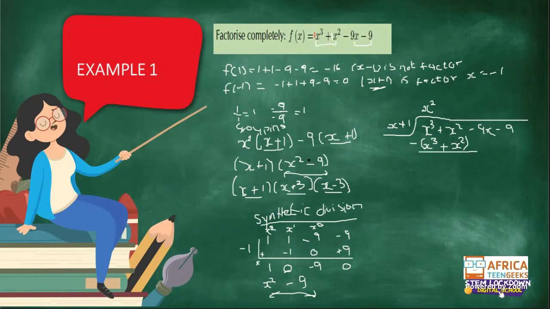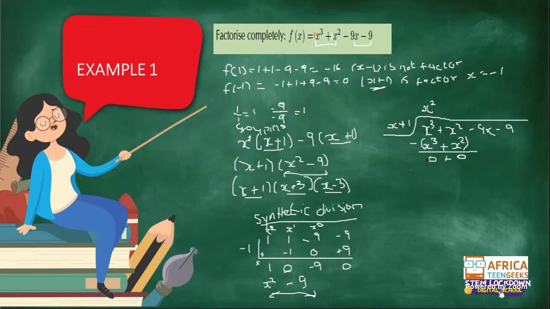Then you put a negative sign, just to remind you. Then you'll have x cubed minus x cubed, which is 0, and x squared minus x squared, which is 0.